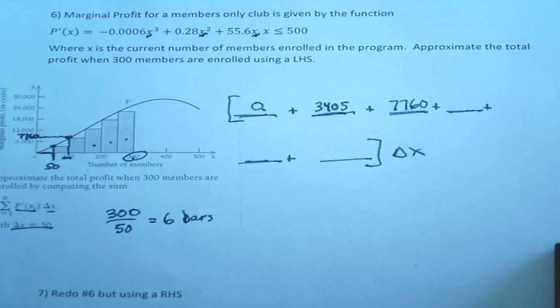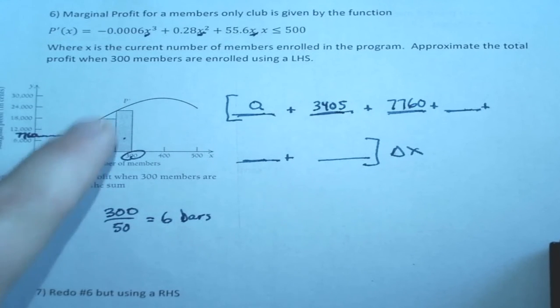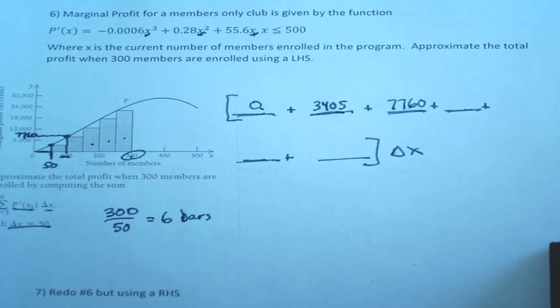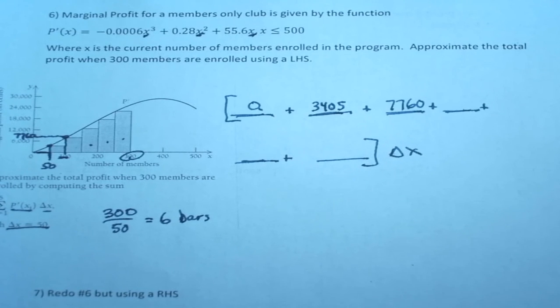I'm going to do the third one kind of off camera here. What am I going to be putting next? 150. So negative 0.0006 times 150 cubed, plus 0.28 times 150 squared, plus 55.6 times 150, and I get 12,615.